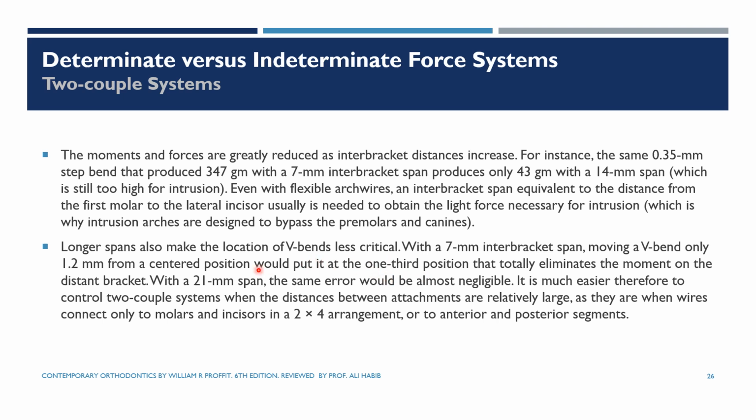But this paragraph explains nicely that having this long span will make the position of the V less critical. So we don't expect to see exactly the result that we explained earlier with the position changing along the wire.